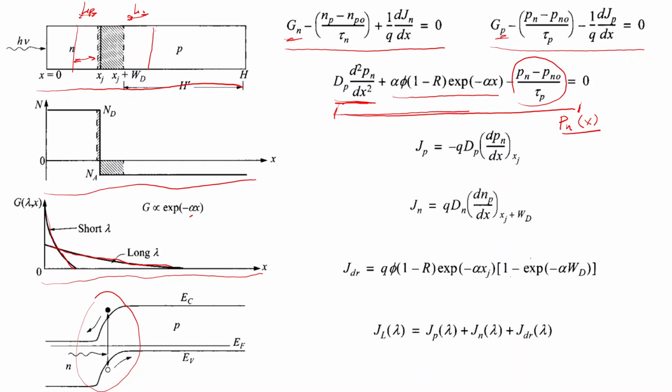And by taking the first derivative over position, like finding the gradient of this profile of minority non-equilibrium charge carriers, we will get electric current: the diffusion current of holes from the n-type region of this p-n junction under illumination.